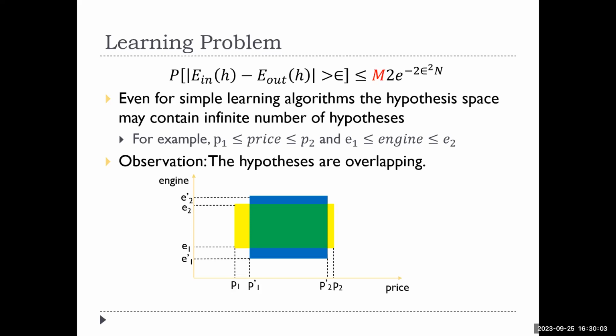But it does not go along with the number of hypotheses. We multiply with m. M is certain, but what we said is that m might be infinite, but the hypotheses are overlapping. So we are going to solve that problem.